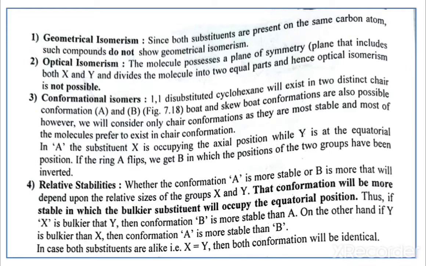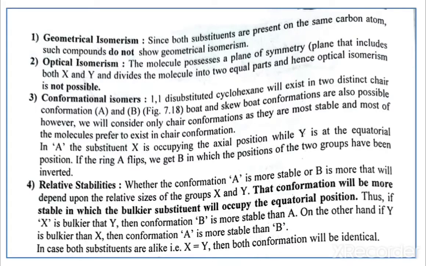Now the boat and skew boat conformations are also possible. However, we will consider only the chair conformation, as it is the most stable and most molecules prefer to exist in the chair conformation. In conformation A, the substituent X occupies the axial position, while in conformation B it occupies the equatorial position.